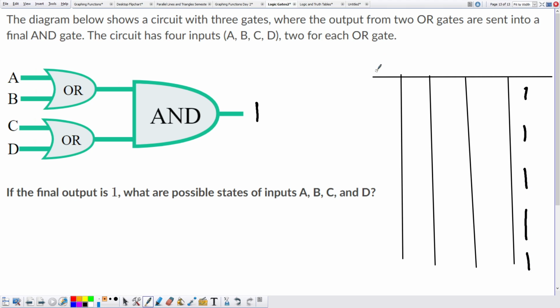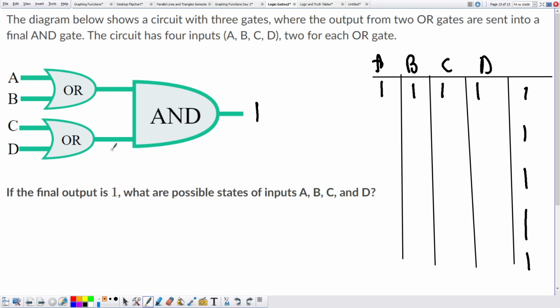All right, let's think about this. What if they were all 1s? So 1, 1, 1, 1. I think that would work because it would go through each OR gate as a 1, and then we would get a 1 as output on the AND gate.